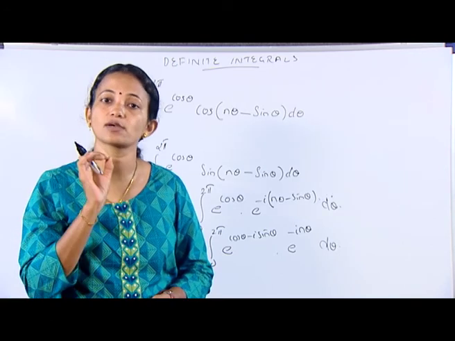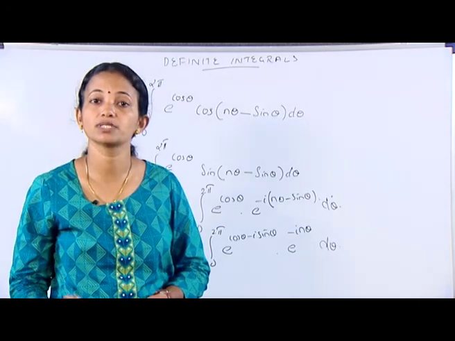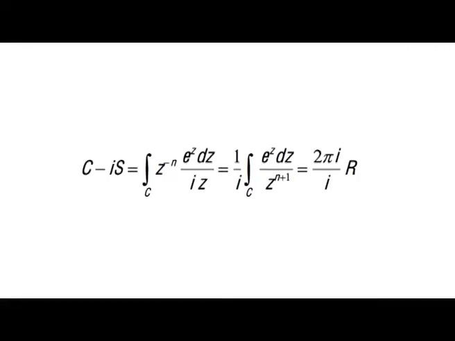Now, let z be equal to e^(iθ) and let the contour C be |z| = 1. That is, C − iS is equal to the integral over C of z^(−n) e^z dz divided by iz.